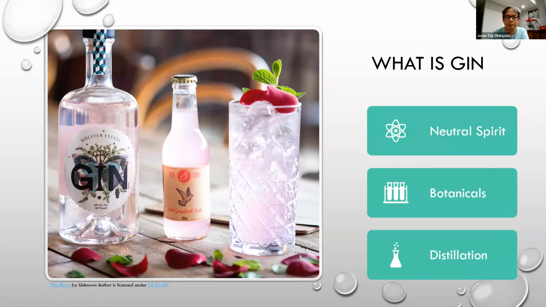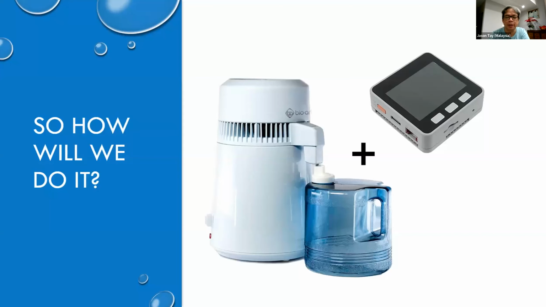It tends to be juniper berries if it's a strict traditional gin, but nowadays you get all sorts of things. Can be strawberries, can be star anise and various other spices and so on. And then you distill the botanicals together with the neutral spirit, and that gives you gin, right? So that leads us on to, okay, how are we going to achieve this with Forth?